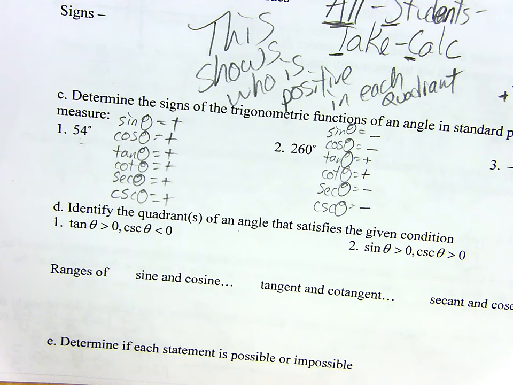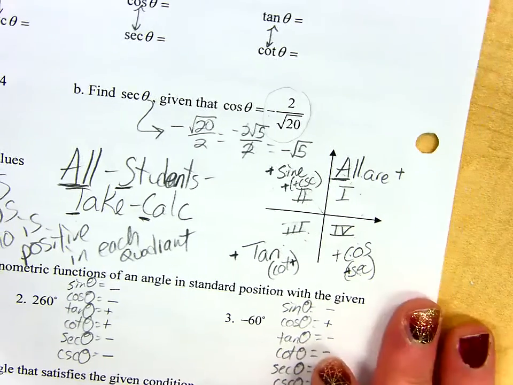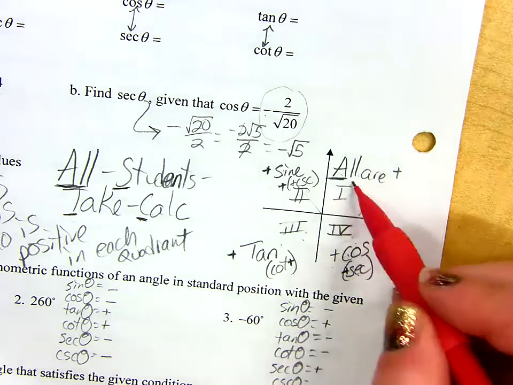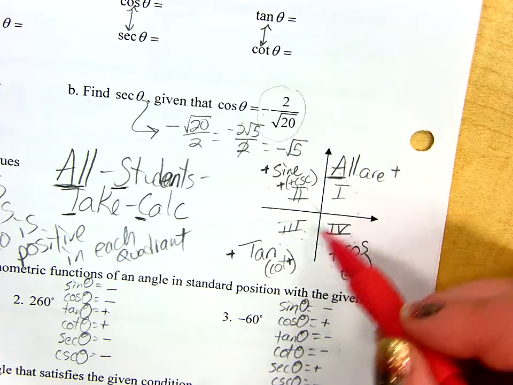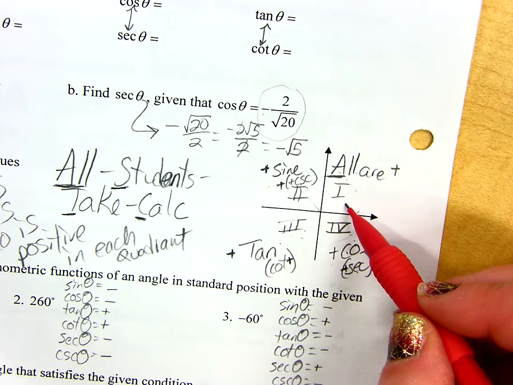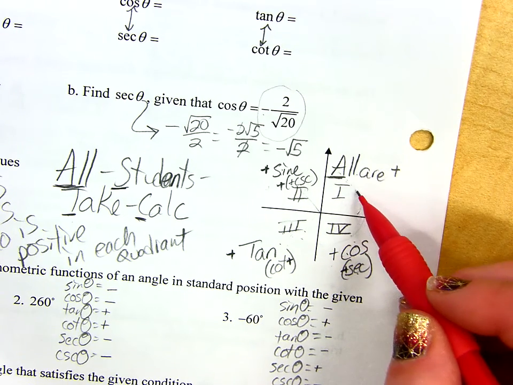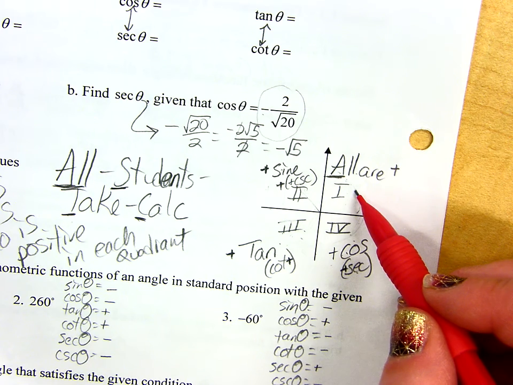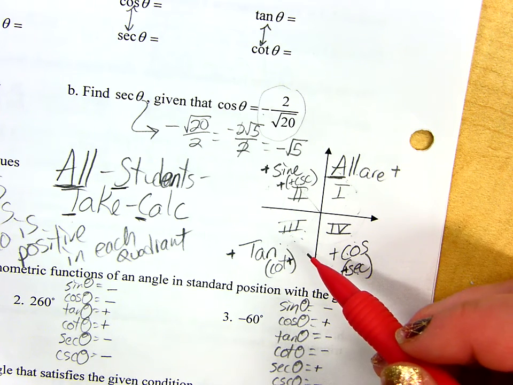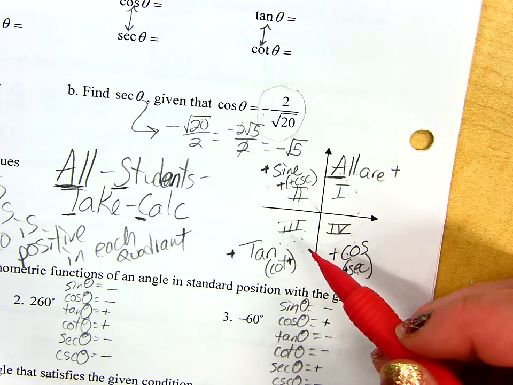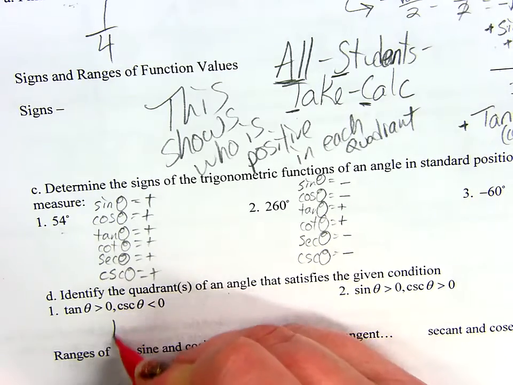We'll start with the tangent part. Who has a positive tangent? One and three. So it's got to be one of these two, right? And then if it has to have a negative cosecant, well, then it can't be one because everybody's positive there. So it's got to be three. Does that make sense?